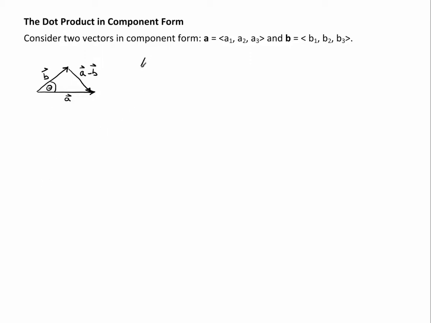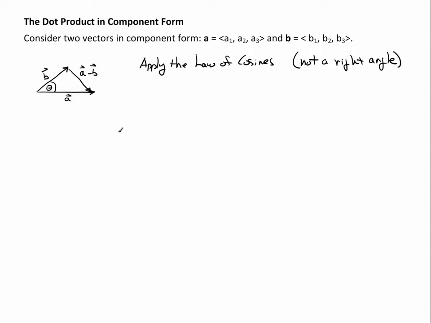I'm going to apply the law of cosines. The reason is that this angle is not a right angle. If it was a right angle, the story would be different, but I want to do this in general for any angle.